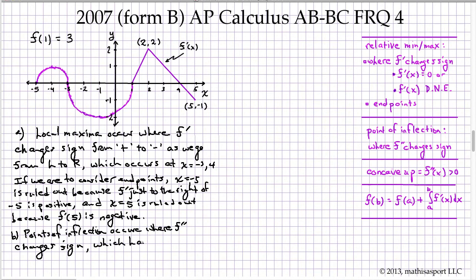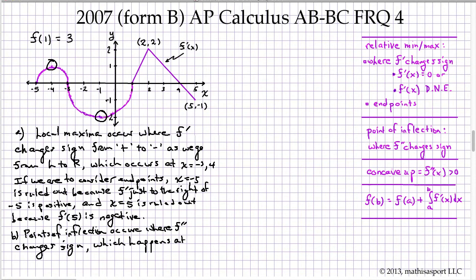And where does that happen? Again, f double prime changing sign is equivalent to the slope on this graph changing sign. Well, here we have positive slope and now negative slope. So negative 4 is one place where f double prime changes sign. We've got negative slope here all the way down to negative 1. And at that point, the slope becomes positive. So here's another place.